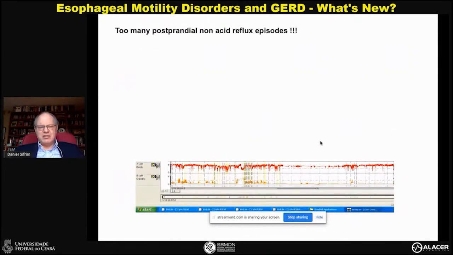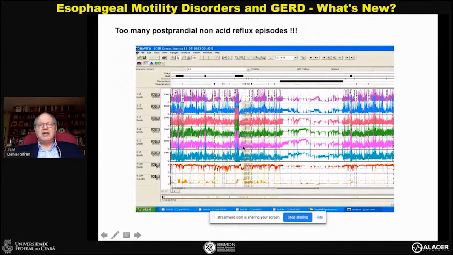This is another situation. Again, this is the pH metry. Interestingly, there is a region here that is full of symptoms and not many pH drops. Another region there. So if I look at the impedance, this region happened immediately after a meal.